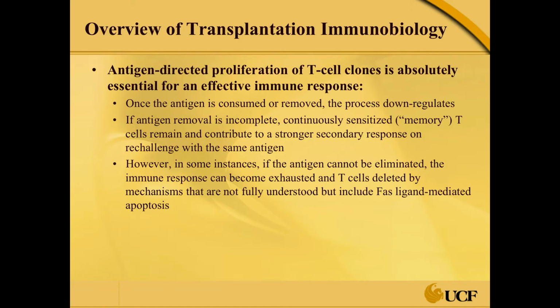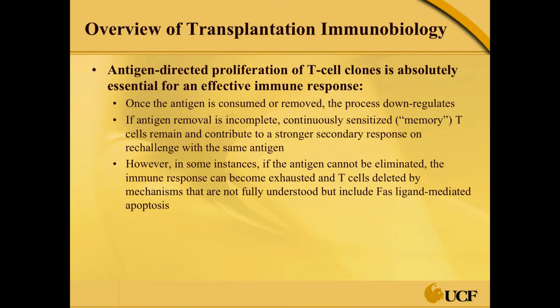Once the antigen is consumed or removed, then the process will downregulate. If the antigen removal is incomplete, then continuously sensitized memory T cells remain and contribute to a stronger secondary response on re-challenge with the same antigen.